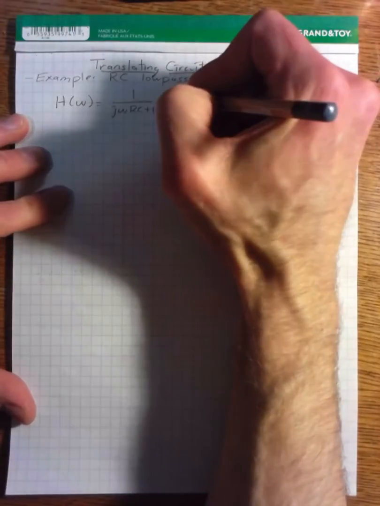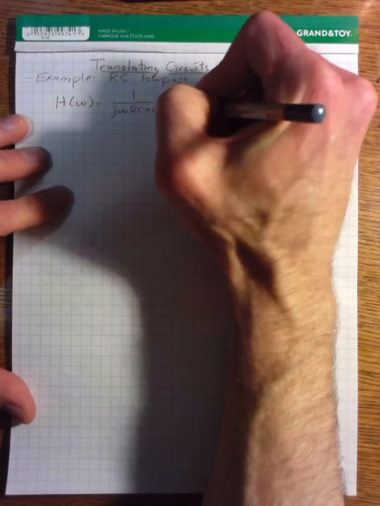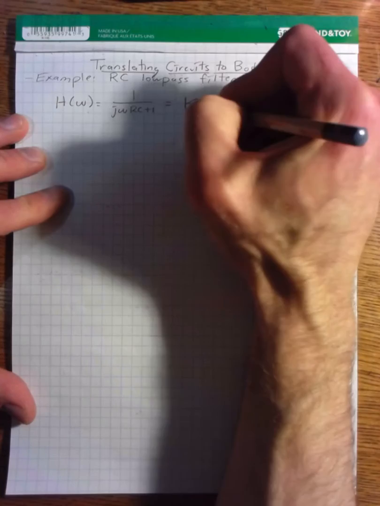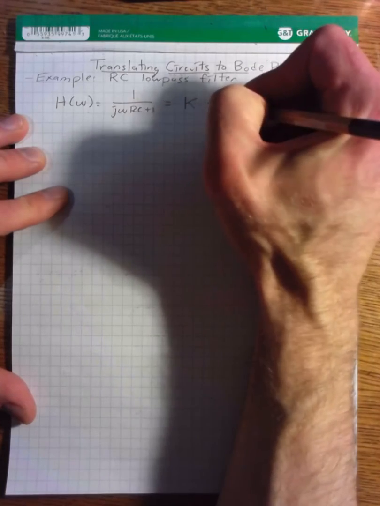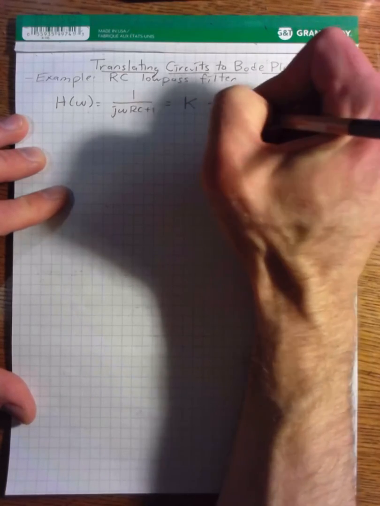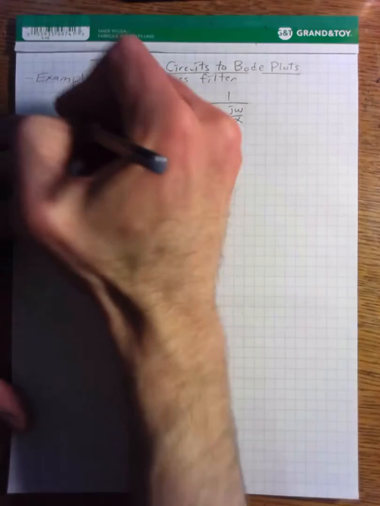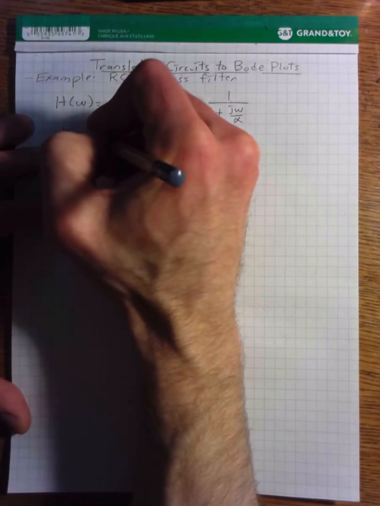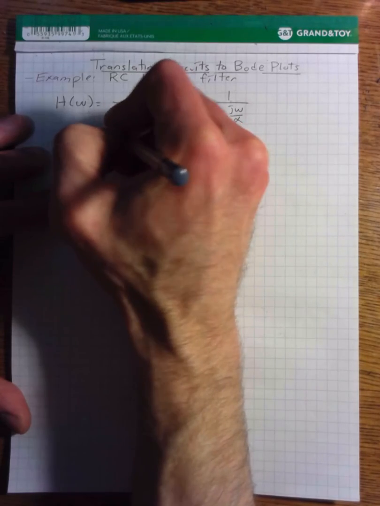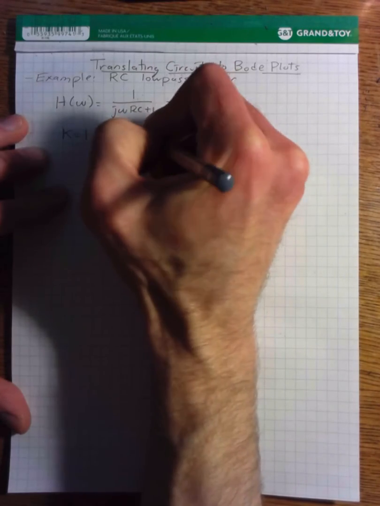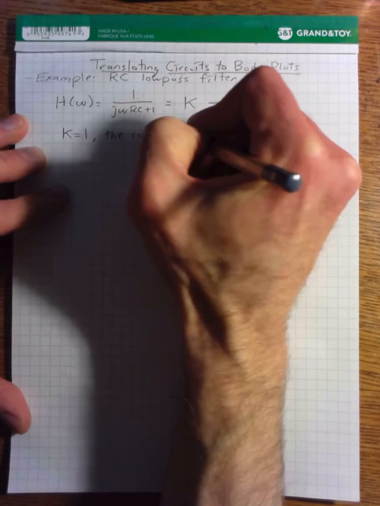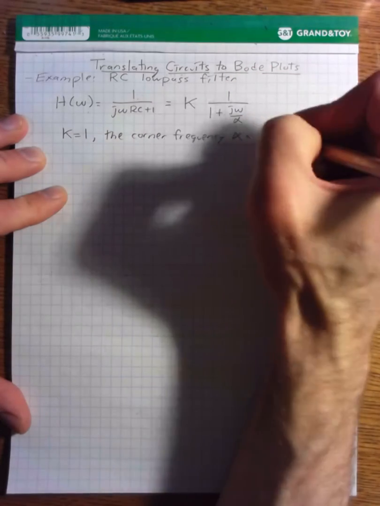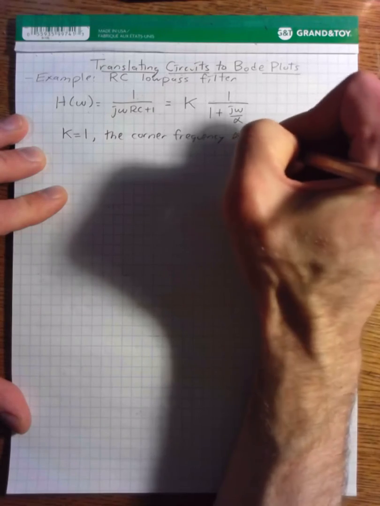And if we translate this into our Bode plot form, where we have a constant K in front, and we have one simple pole, which has the form of 1 over j omega divided by alpha, in this case, K would just be equal to 1. And the corner frequency, alpha, would be equal to 1 over RC.